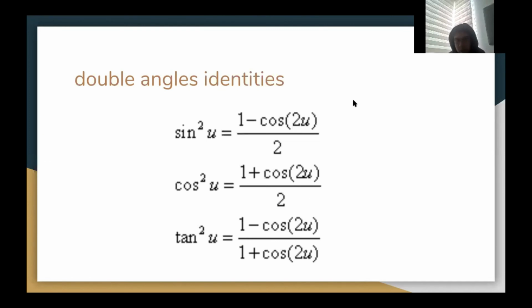Now the cosine square of u is equal to 1 plus cosine of 2u, divided by 2. Now the tangent square of u is equal to 1 minus cosine of 2u, divided by 1 plus cosine of 2u.